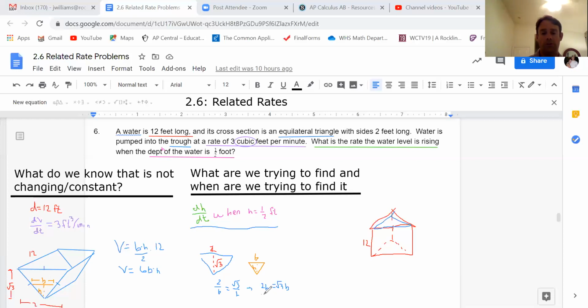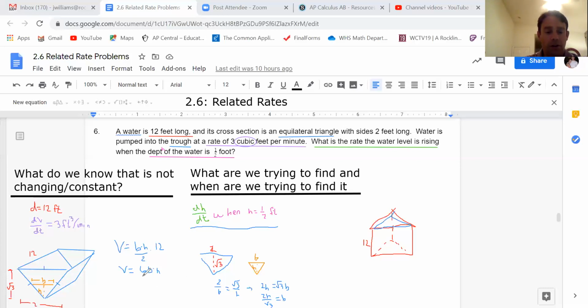So 2h over root 3 equals b. So that means every single one of my bases is going to be 2h over root 3.